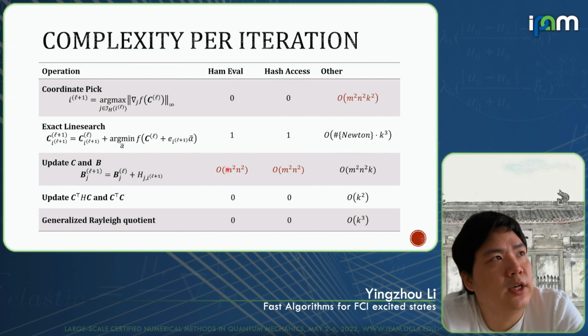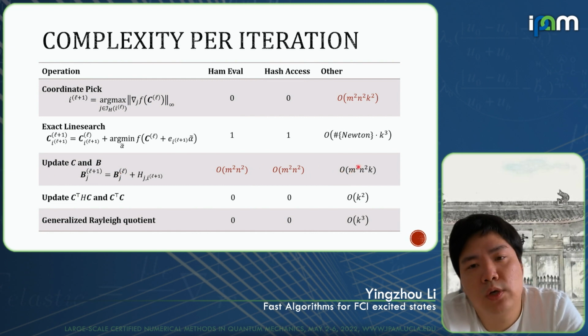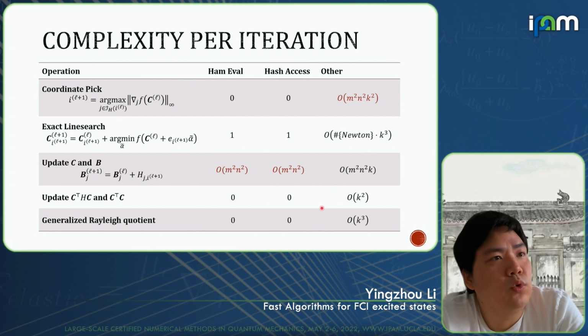We need Hamiltonian evaluation on the order of m squared n squared, and hash table access on the order of m squared n squared. For the other costs, putting things together, that will be m squared times n squared times k. Updating will be just on the order of k squared, with no Hamiltonian or hash table evaluation. There is the generalized Rayleigh quotient, and k cubed for the k by k eigenvalue problem.